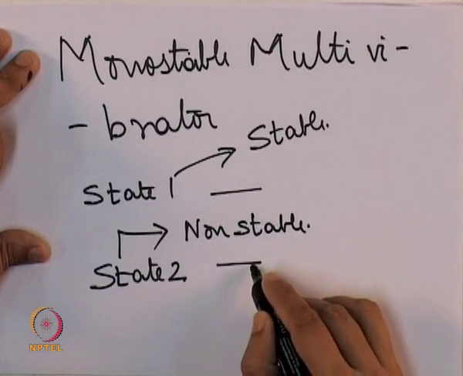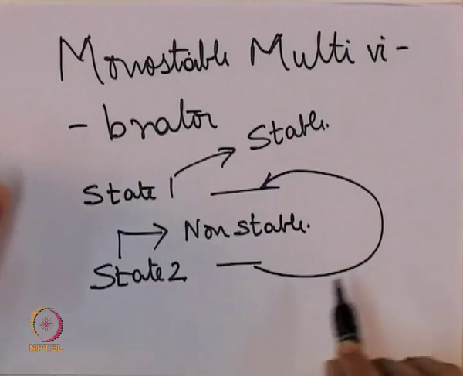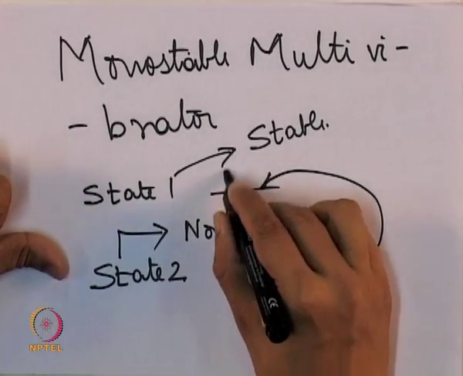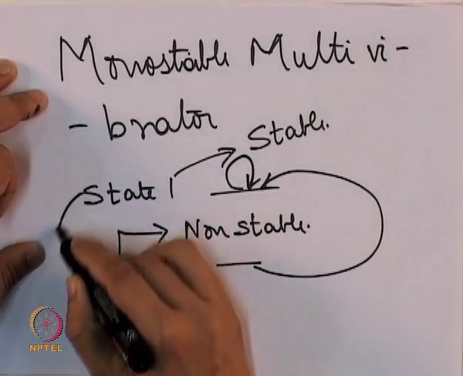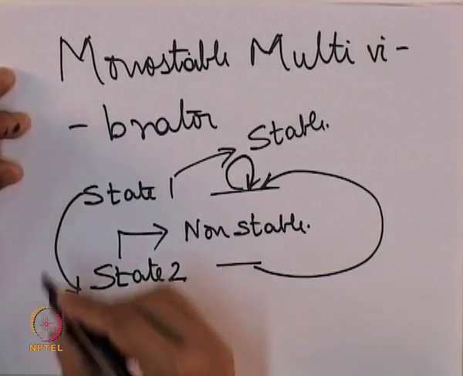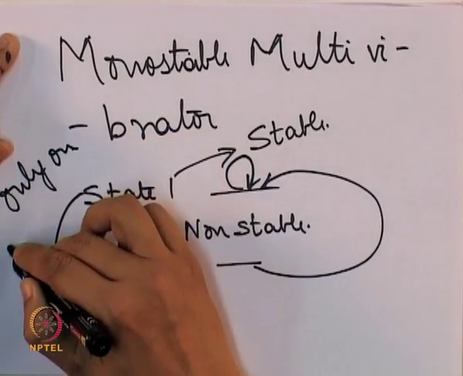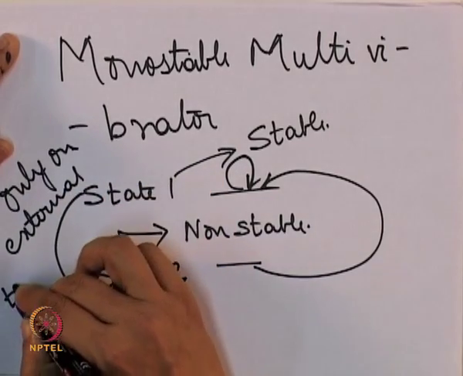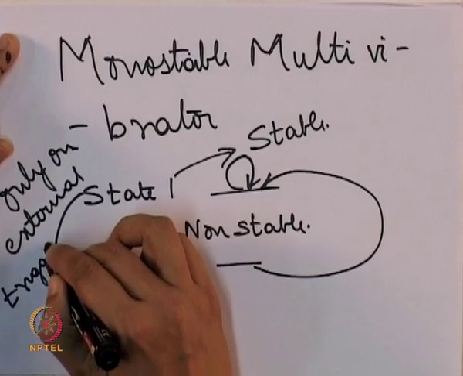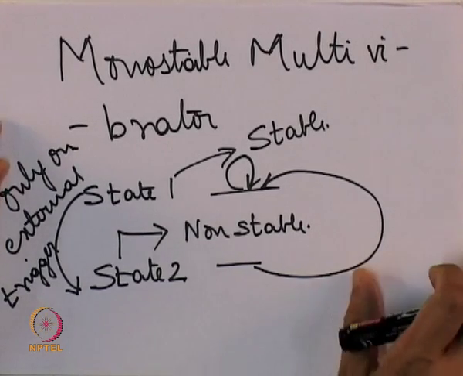Then over time the circuit will transform from state 2 to state 1, but if it is in state 1 it will continue to be in state 1 unless there is an external trigger. The state 1 to state 2 transition will happen only on an external trigger.